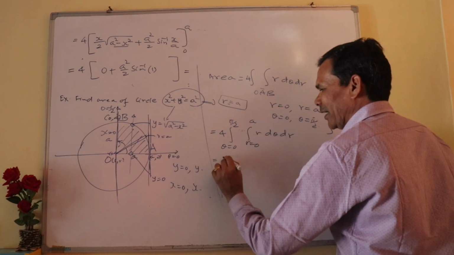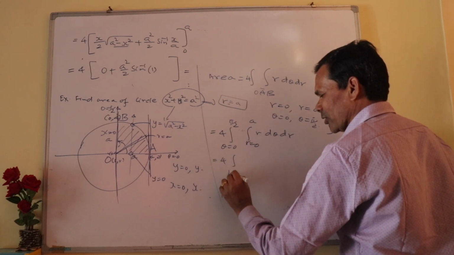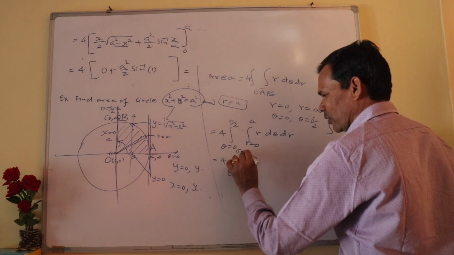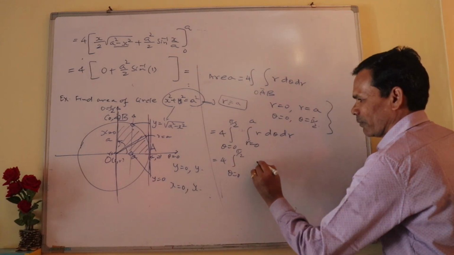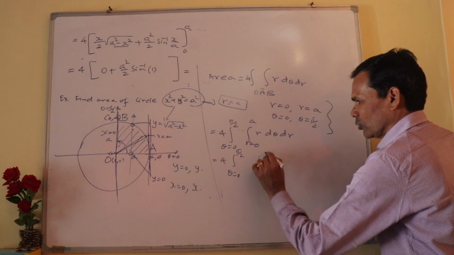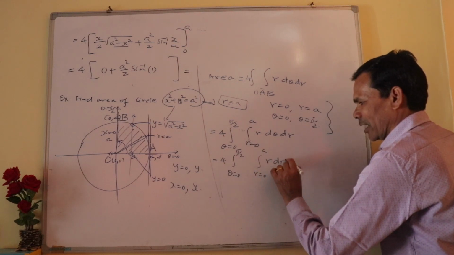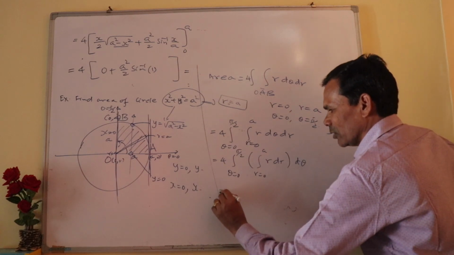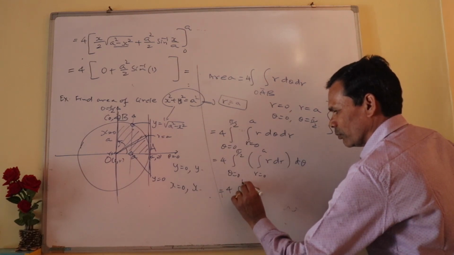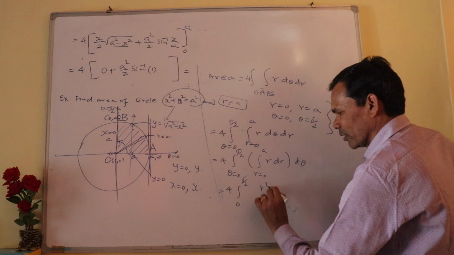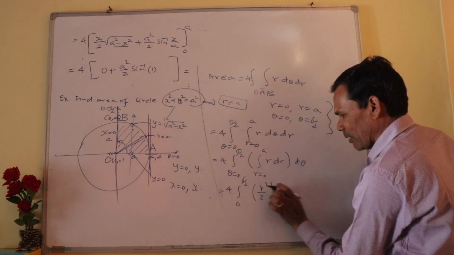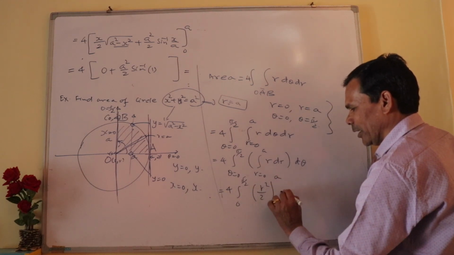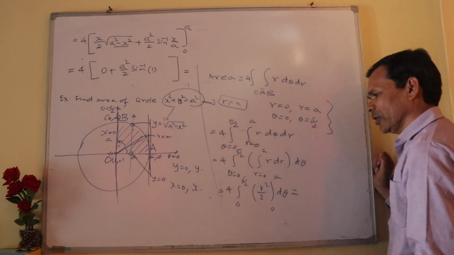Now I integrate with respect to r first. Limits are constant, so you can integrate with respect to r or theta, it does not make a difference. R from 0 to a, r dr, and then dθ. So the integration of this, 4 times the integral from 0 to pi by 2 of r squared divided by 2, limits applied 0 to a, dθ.